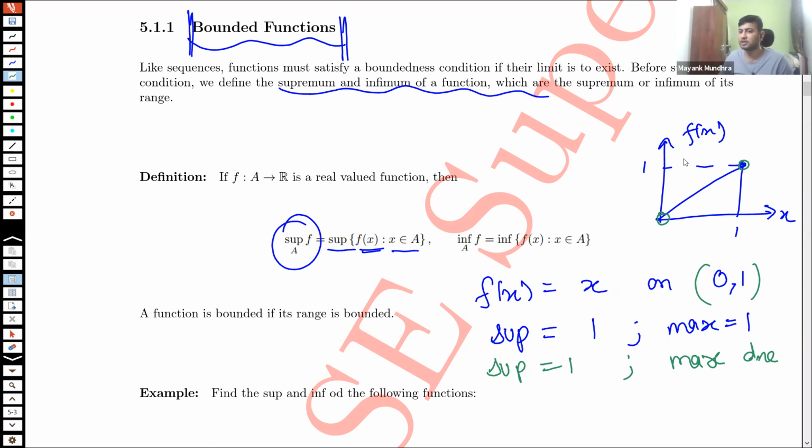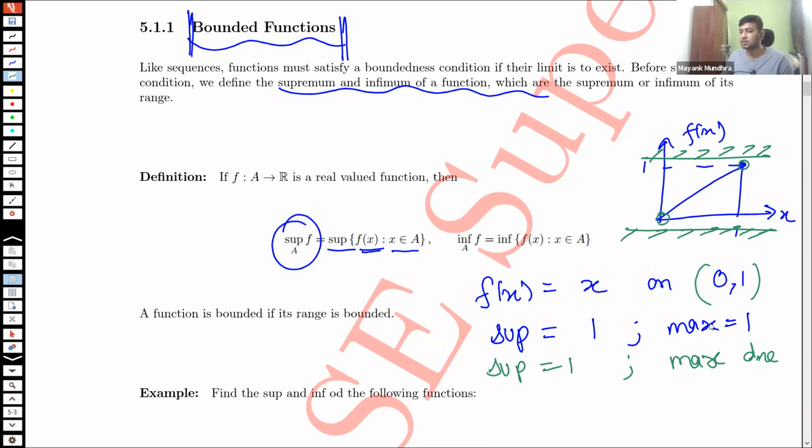Okay, so this is a bounded function. It has a bound in the sense that it has a ceiling above which it does not go. It has a floor below which it does not go, right? It does not go below 0. It does not go above 1. So it is bounded between 0 and 1.